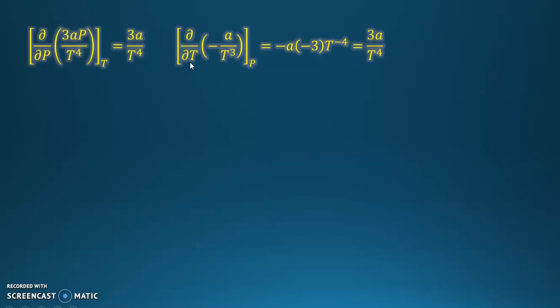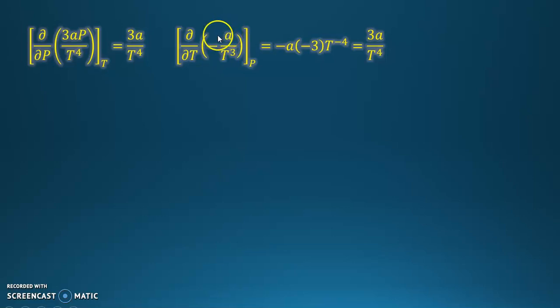The partial derivative of the first term with respect to p will be equal to 3a over T to the 4. In this case, 3a and T are constant and we need to derive only p with respect to p, but that expression is equal to 1. For that, we'll get only this expression. Then, let's calculate the other partial derivative.